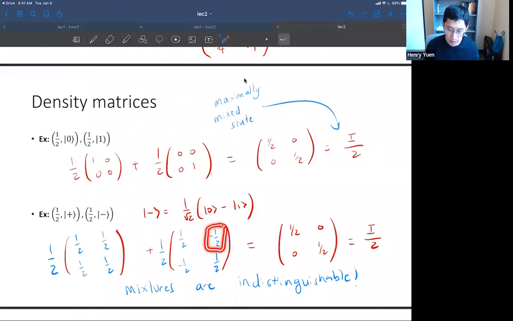The minus sign tells you the relative phase between the ket1 and ket0 states. That's some high-level intuition. Okay, really good questions.